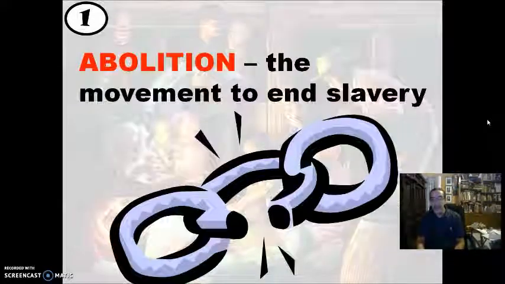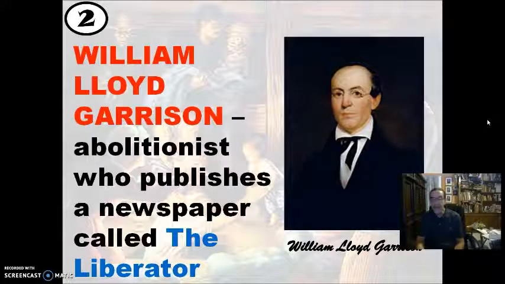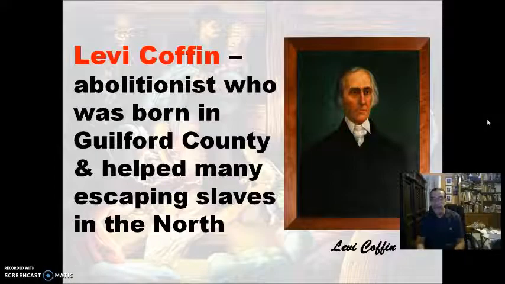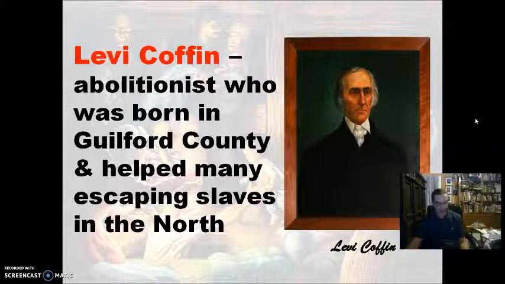This is on the Underground Railroad and abolitionists. The idea here is to provide different visuals and engagement for the students. Levi Kaufman is from Guilford County, which is a local connection and a personal connection.